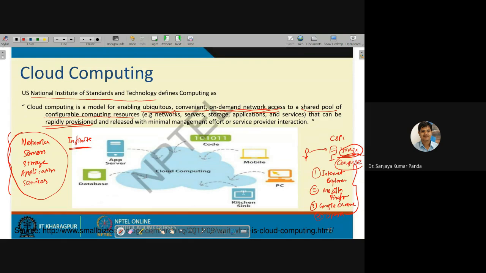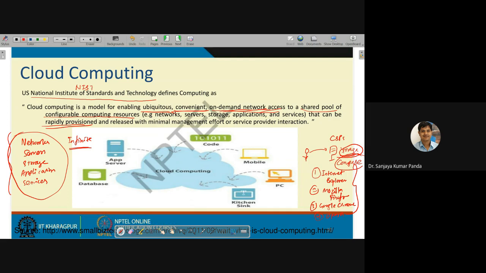Because if you ask for a lot of information, the user will not feel comfortable using the services. That is the reason why the services are provided with minimum effort. So there are a number of characteristics defined by the United States NIST.